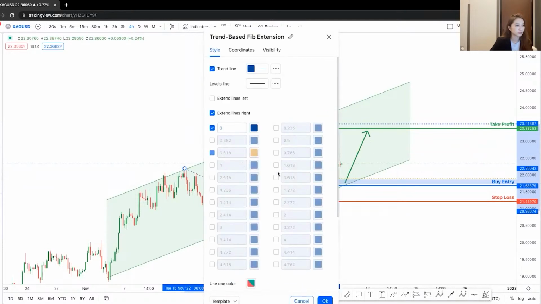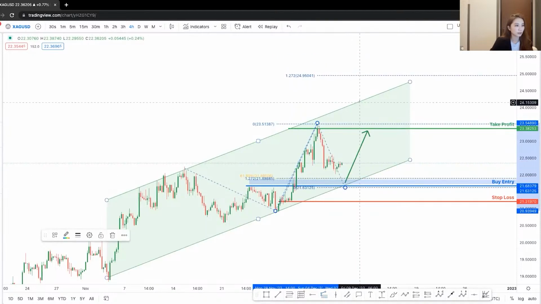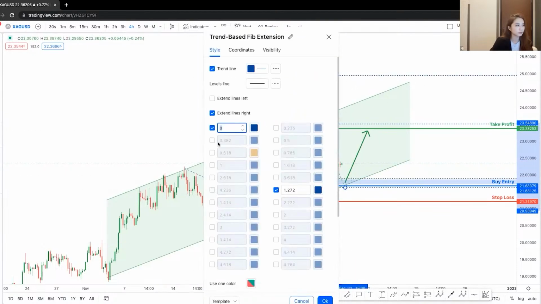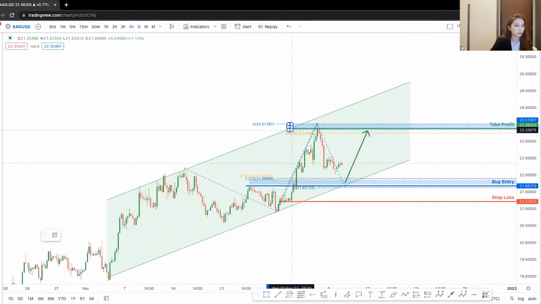Drawn wrongly. Okay, so 127.2 coincides with our retracement. Let's take a look at our potential take profit. Looking just nice at the candlewick range.